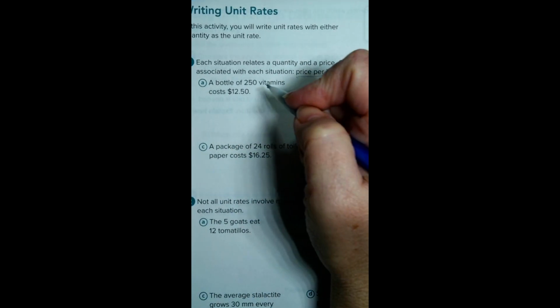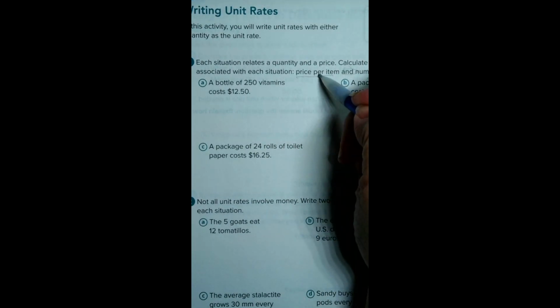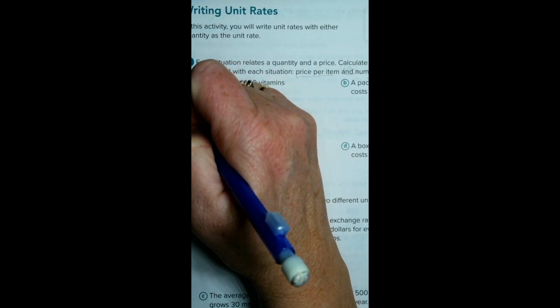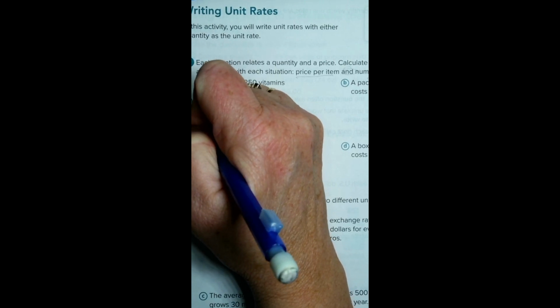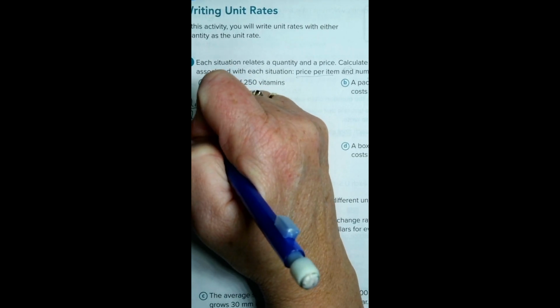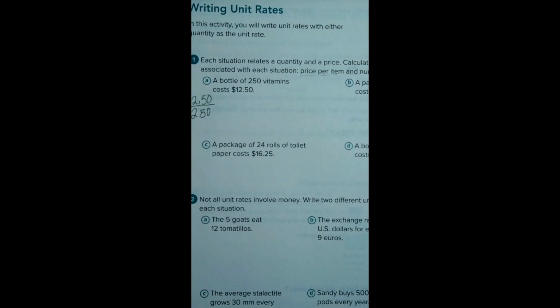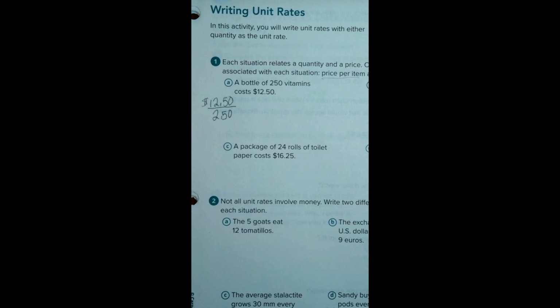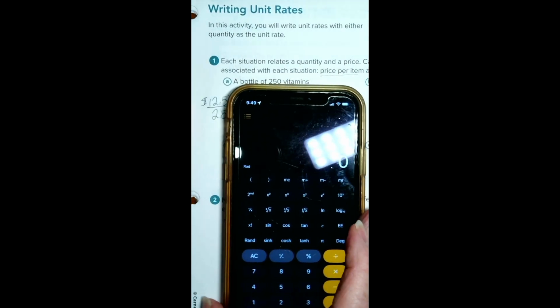So for this one, a bottle of 250 vitamins costs $12.50. Price per vitamin, so $12.50 for 250 vitamins. And then we are supposed to find the unit rate for that. So that means we're just going to take the numerator and divide by the denominator.